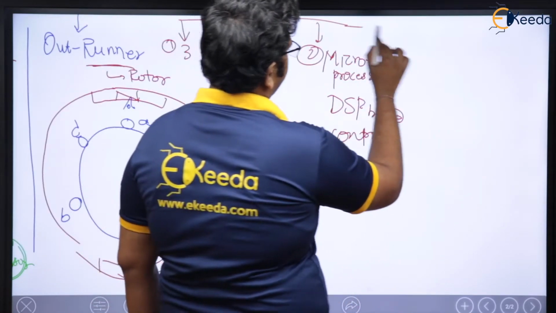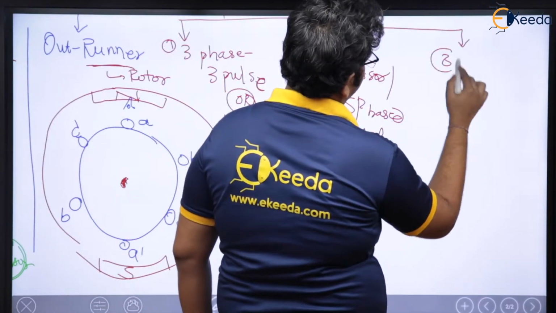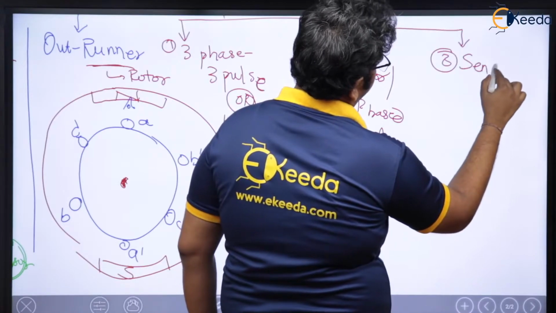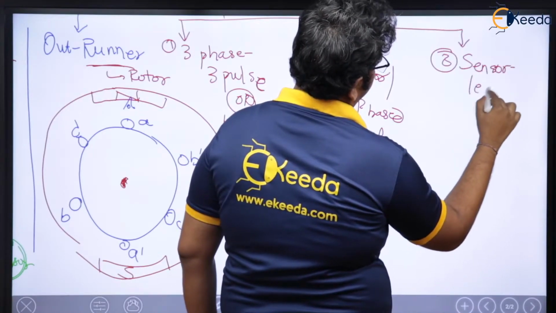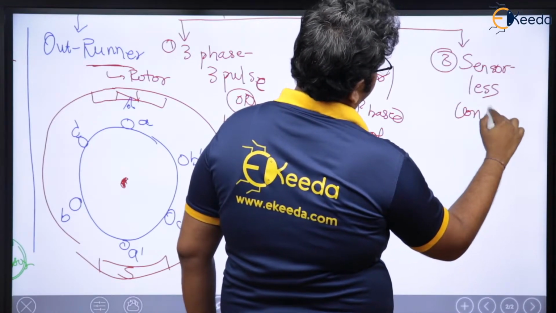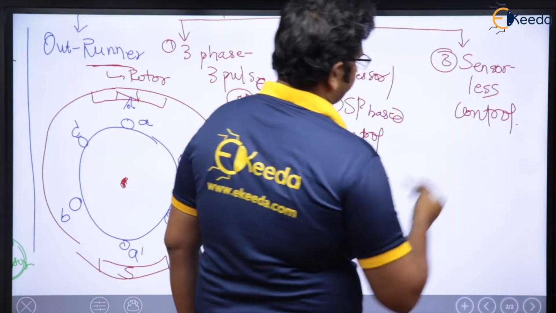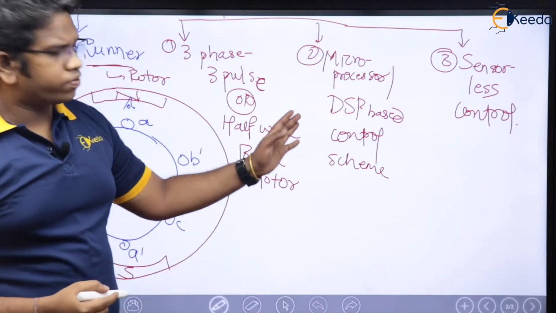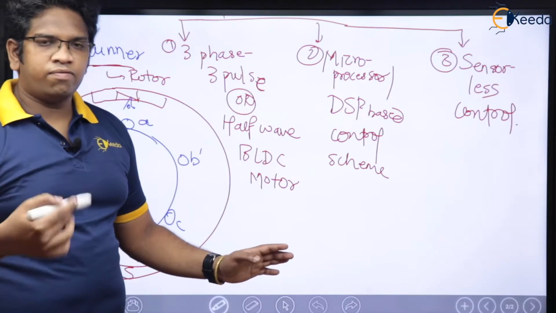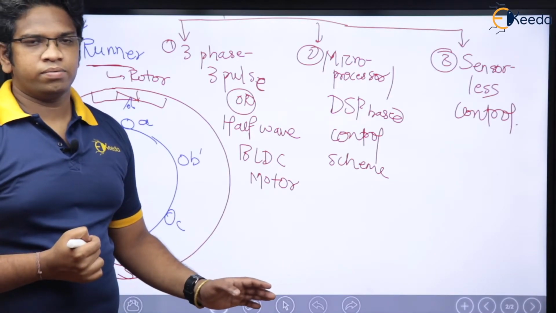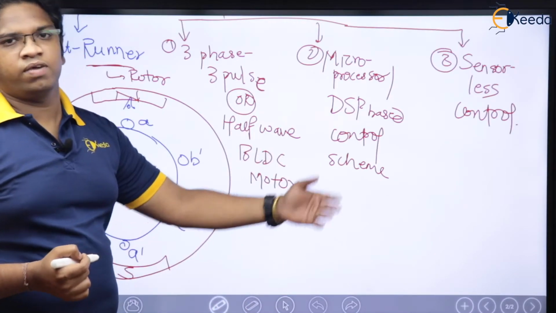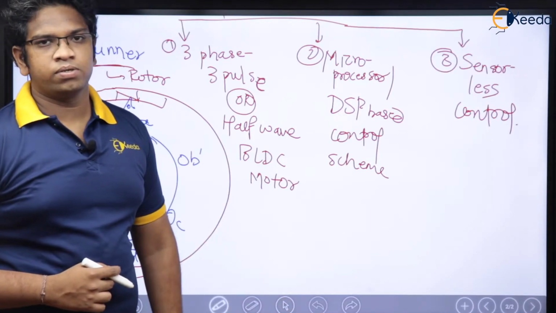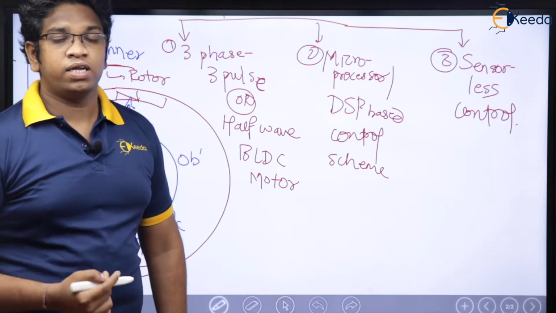And the next one is going to be sensorless control. These are going to be the different types. With advancements in our engineering, we can also have even more types of control schemes. Let's see that in our future.